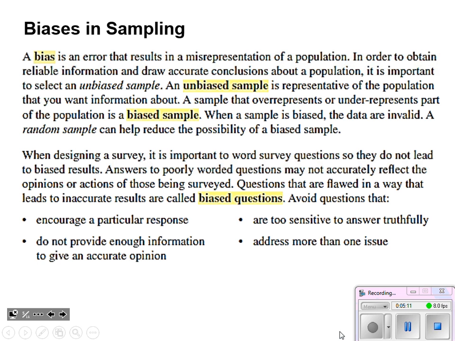We want an unbiased sample. This is one that is representative of our population, but has people that will simply answer yes or no, that don't have a strong bias one way or the other. And when we do have a biased sample, we can't really trust the data.